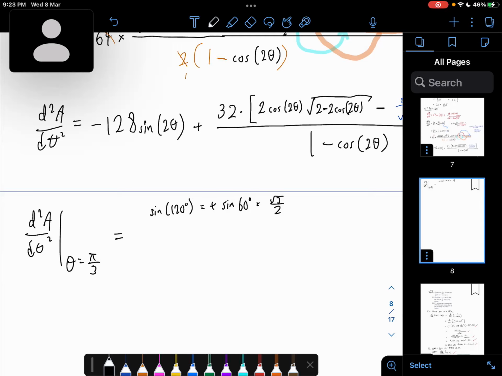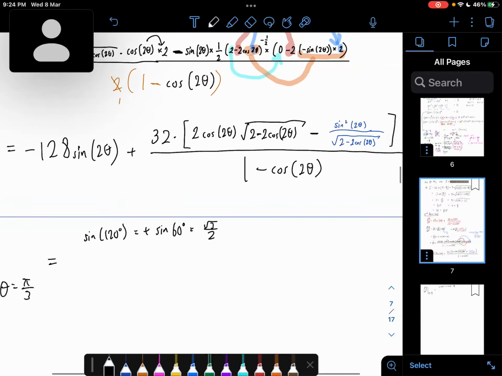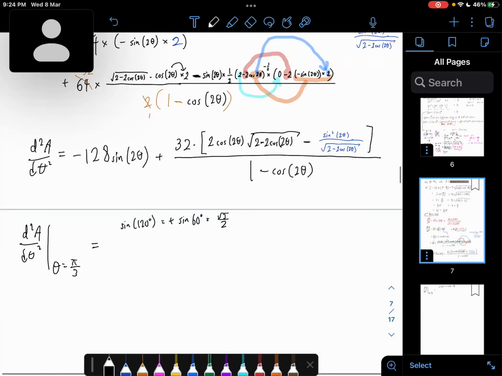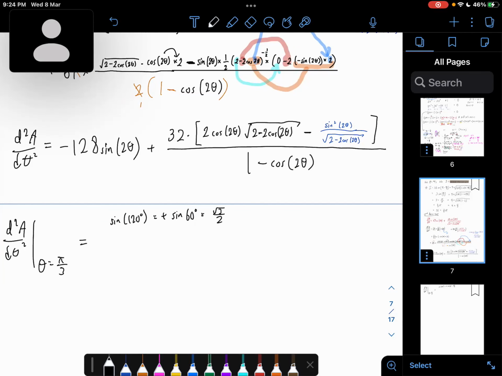Pi over 3, shift store as A. Make sure you're in radian mode. Yeah, there's a lot to type. So just be careful. Wow, another fraction.